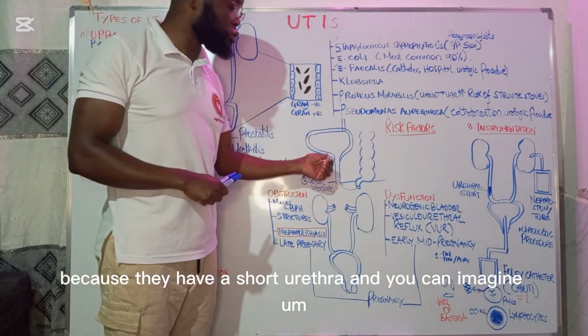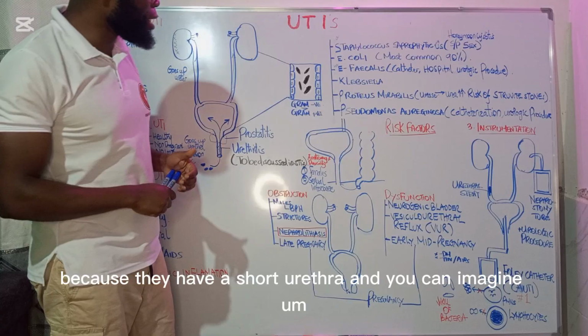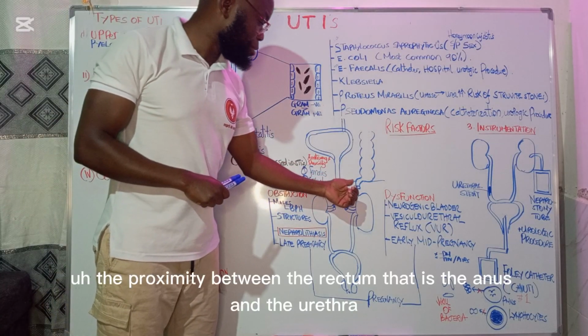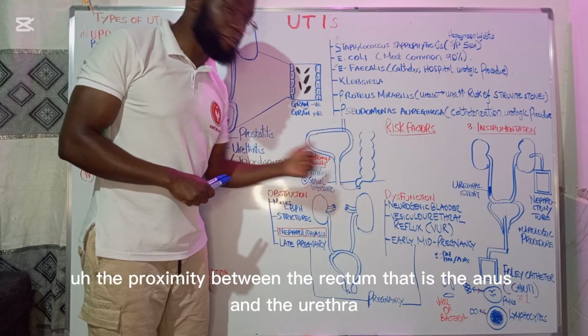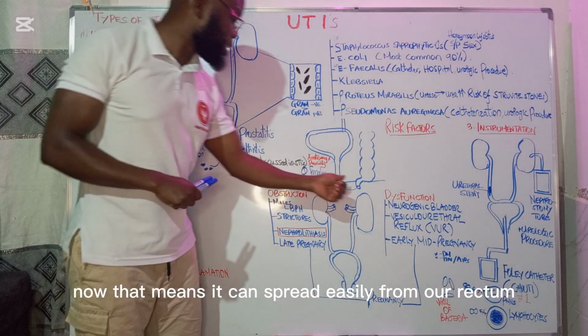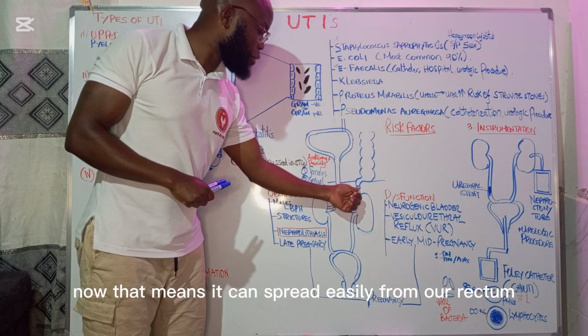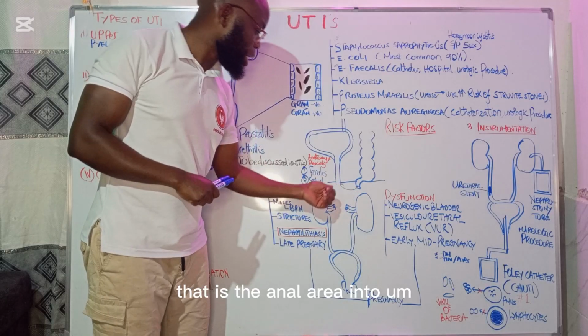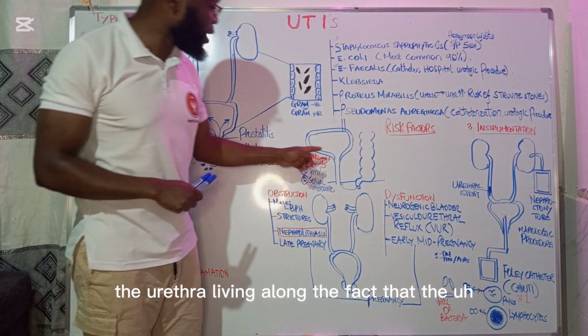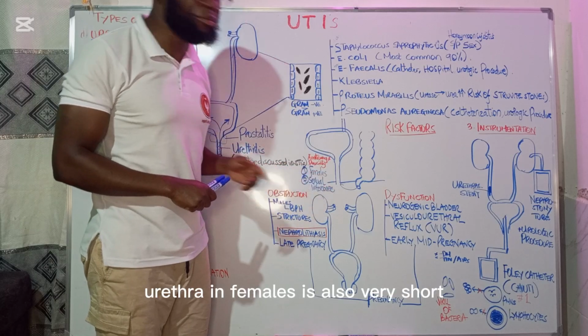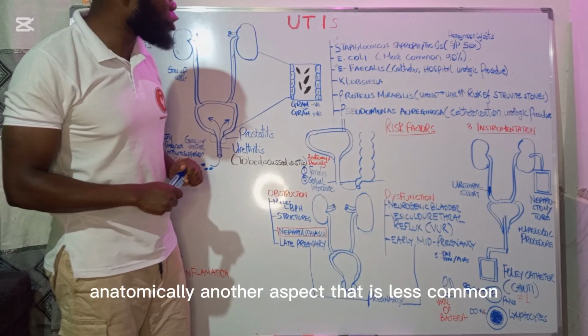Because they have a short urethra, and you can imagine the proximity between the rectum, that is the anus, and the urethra. That means it can spread easily from our rectum, that is the anal area, into the urethra, leaving alone the fact that the urethra in females is also very short anatomically.